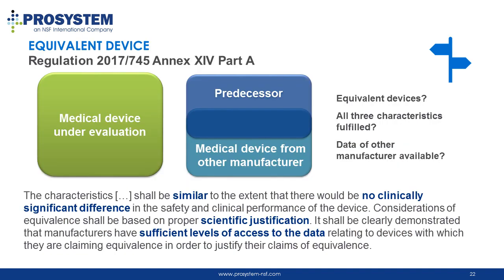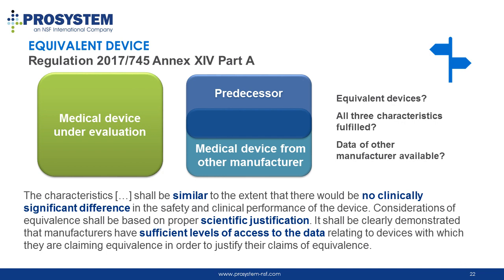In summary, an equivalent device can be a predecessor device or a medical device from another manufacturer. But their technical characteristics have to be similar to the extent that there would be no clinically significant difference in the safety and clinical performance of the device.